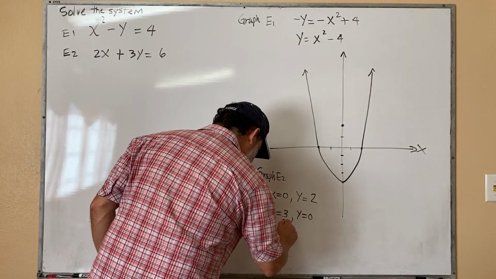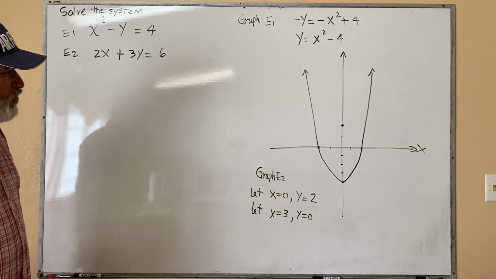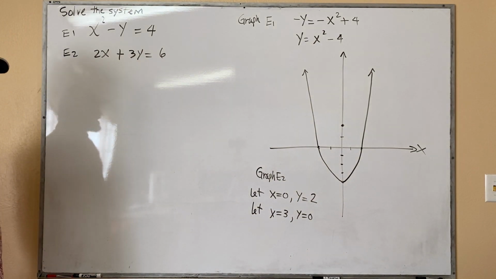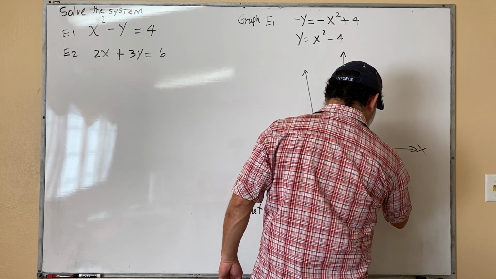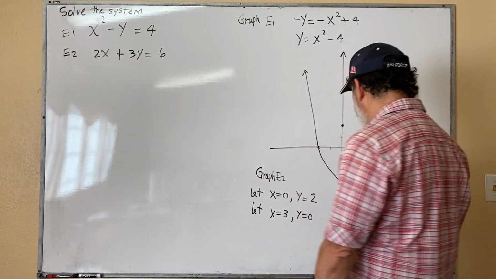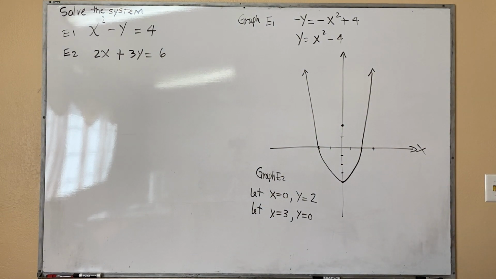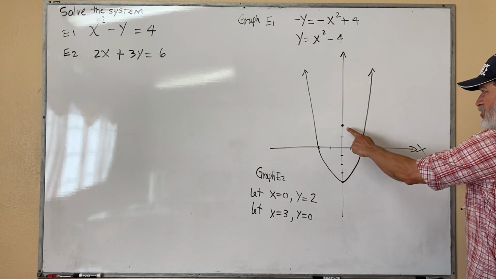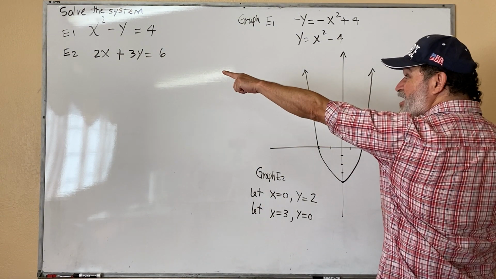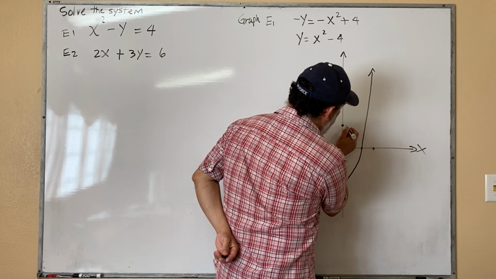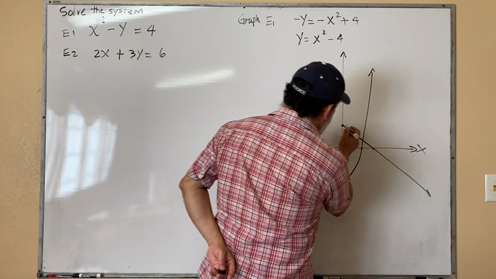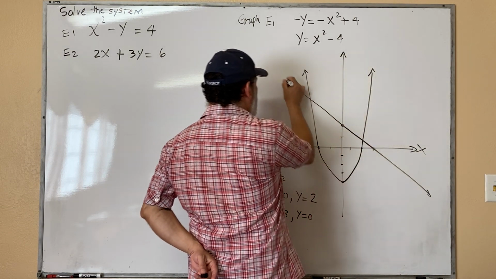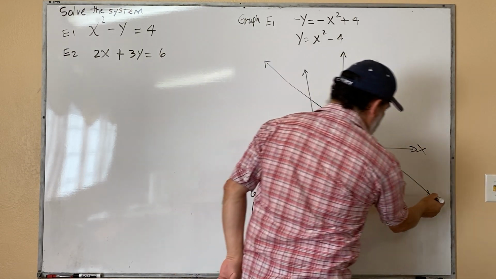X is 3. When y is 0, x is 3. Right there. X is 3, y is 0, so this is a line. The second equation is a line.